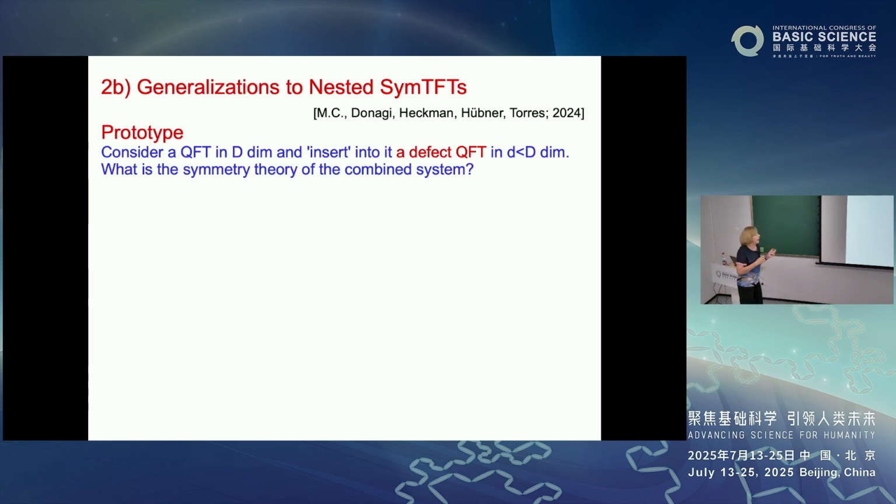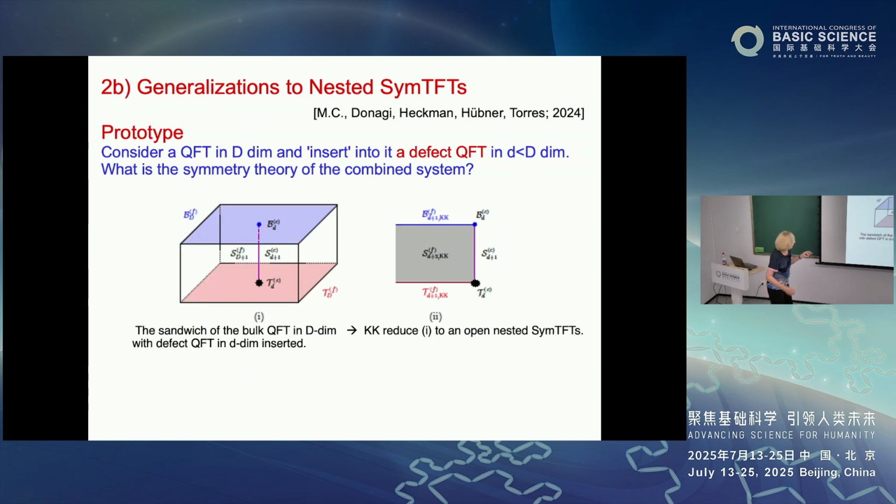And the question you want to ask for such a more complex quantum field theory framework is, what is the symmetry theory of this combined system? So we can envision that as starting with a capital D dimensional field theory, inserting here a defect quantum field theory in lower dimension, and building SymTFTs above that.